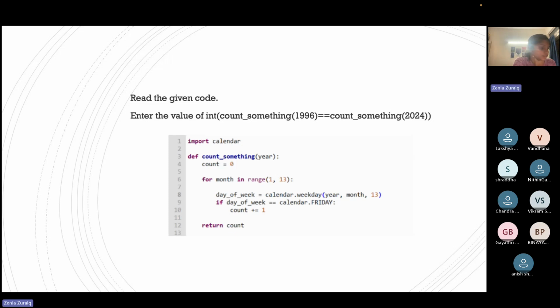Any other answers? I only see one answer, that's zero. Any other answers in the chat?